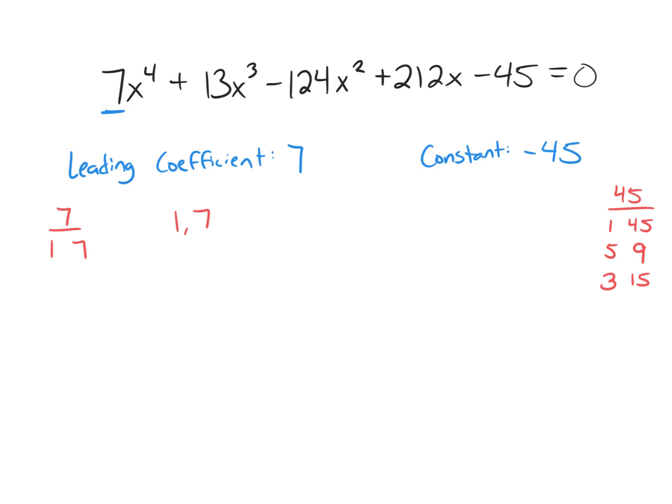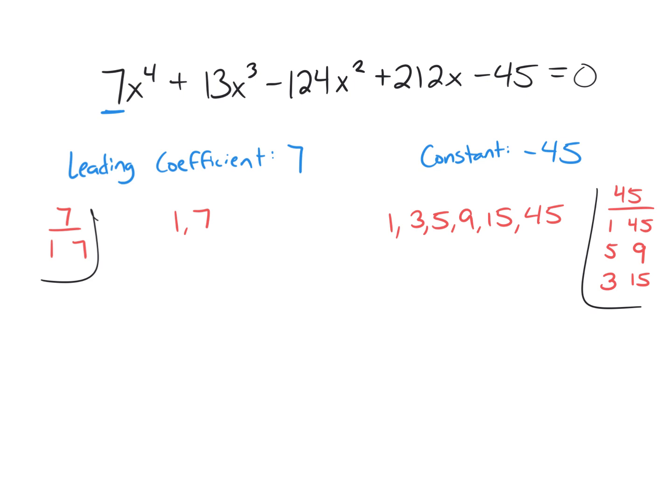Okay, so our factors of 45 are 1, 3, 5, 9, 15, and 45. Okay, so we have our factors. What do I do from here to find all of my possible solutions?